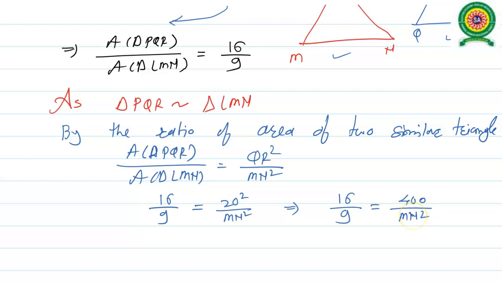We are finding MN square first. Since MN square is in the denominator, take the reciprocal on both sides, so 16 divided by 9 equals MN square divided by 400.